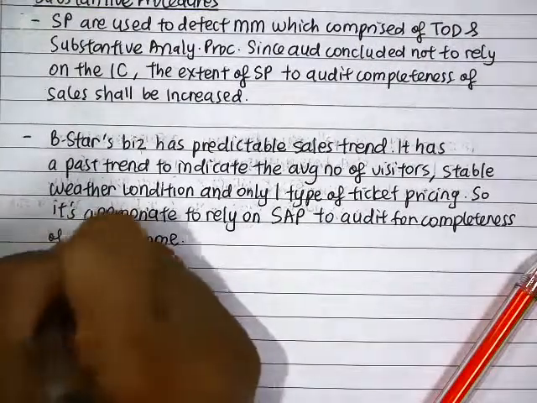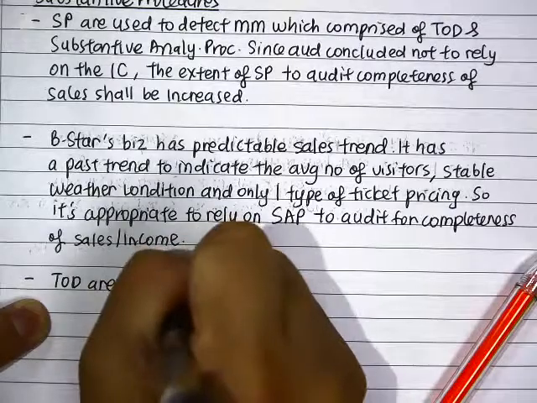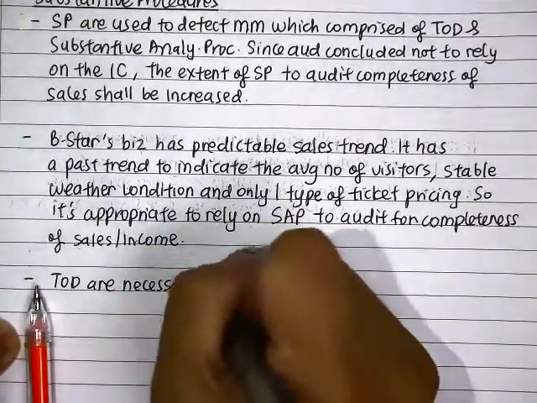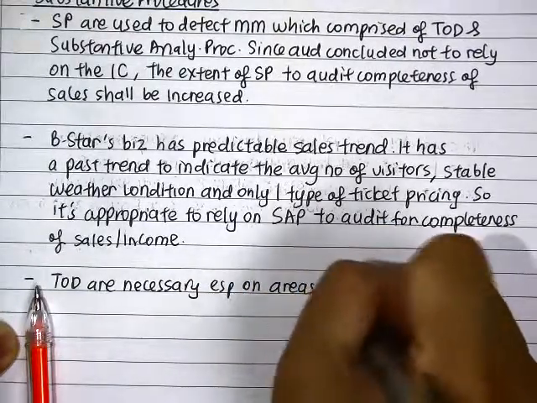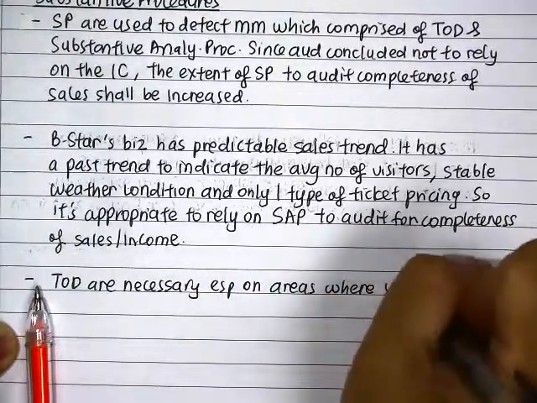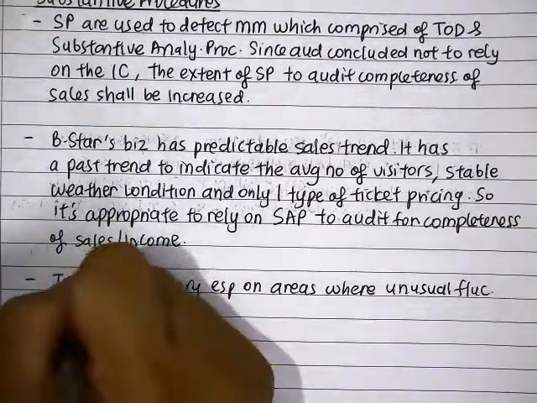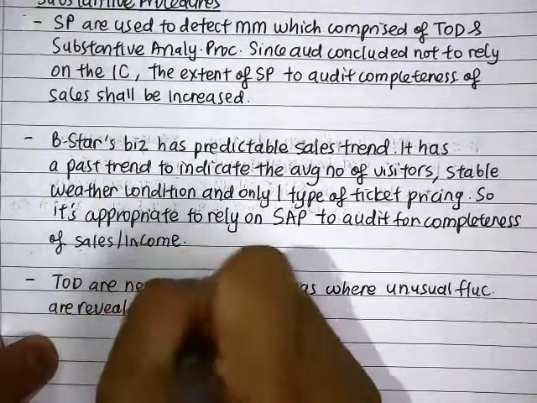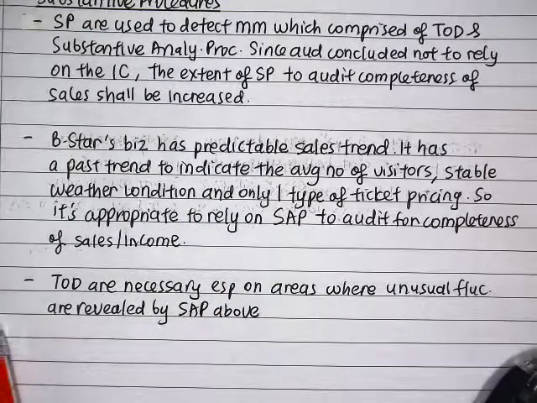Okay, so the TODs are necessary, especially on area where unusual fluctuations are reviewed by the SAP above.